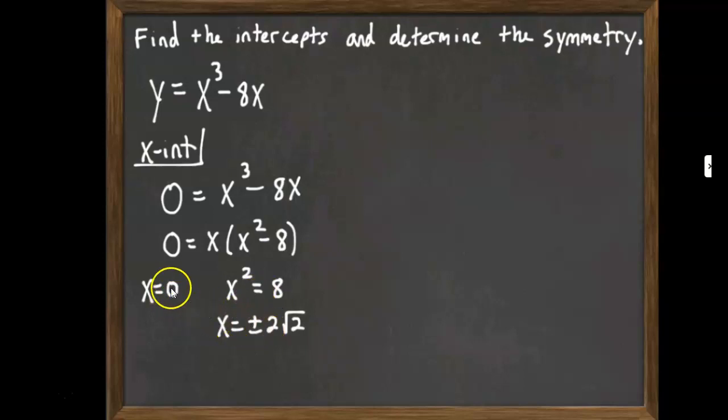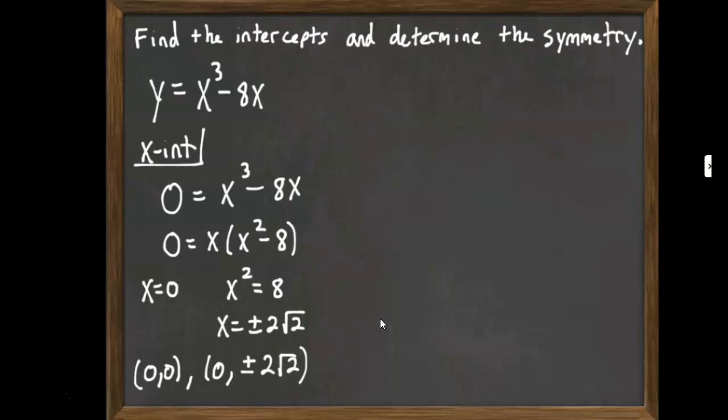So now we've solved for the values that x would take on that would make y 0. There are actually 3 of them, so we have 3 x-intercepts: 0, 0, and 0 plus or minus 2 square roots of 2.